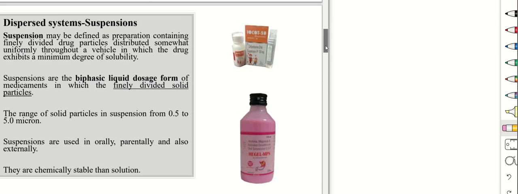What is a suspension? Suspensions come under the category of dispersed systems. Dispersed systems are the dosage forms having both phases, dispersed phase and dispersion medium.